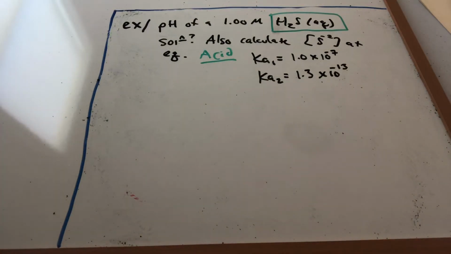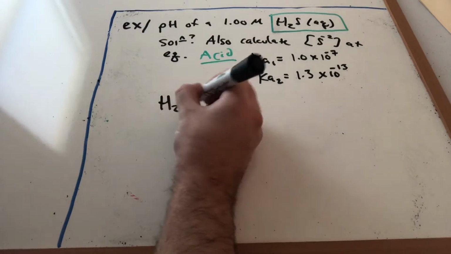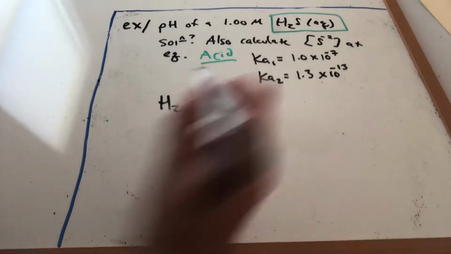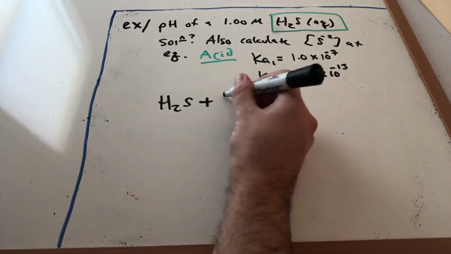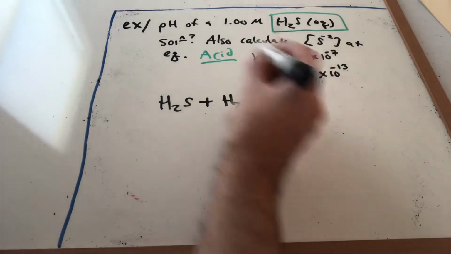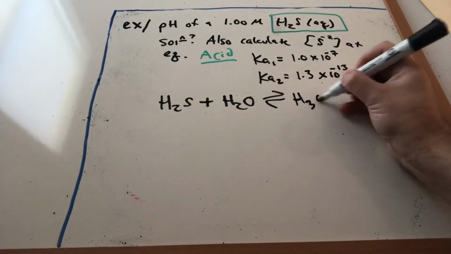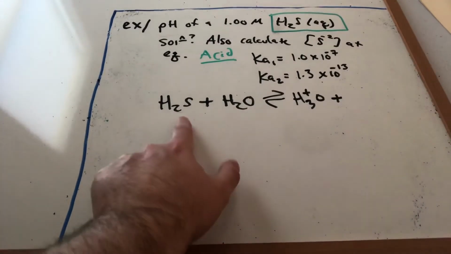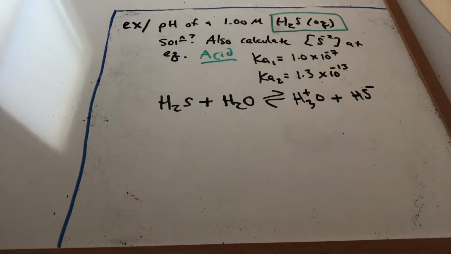Just to make this clear before we get into the math, if I asked you to show H2S acting like an acid, do you know how to do that? You react it with water. It's an acid, so one of the products is H3O+. Then you can look at this structure and draw the conjugate base.